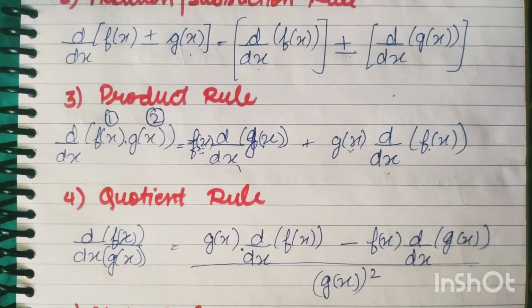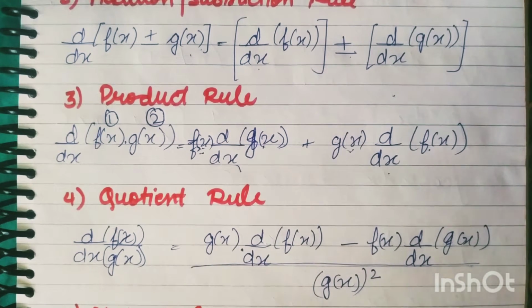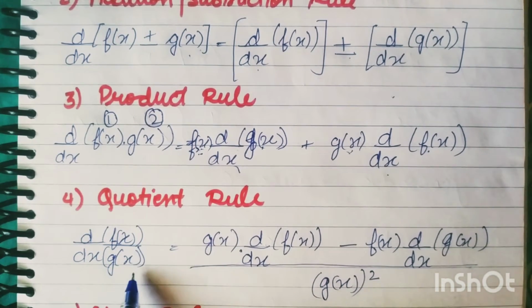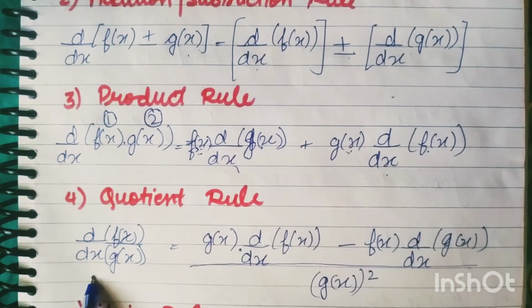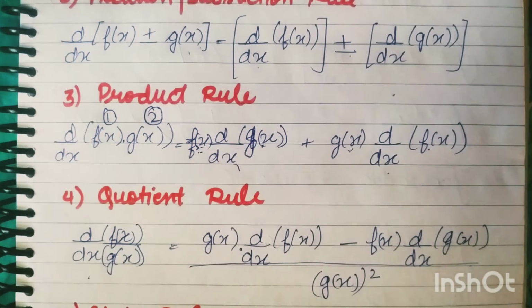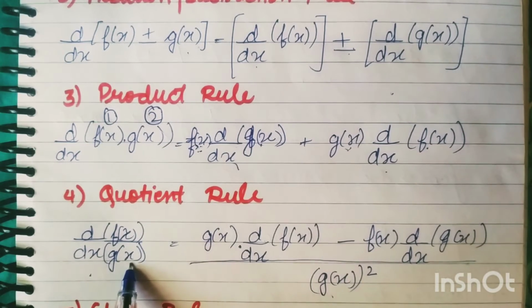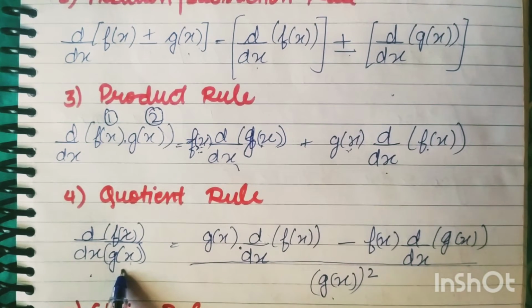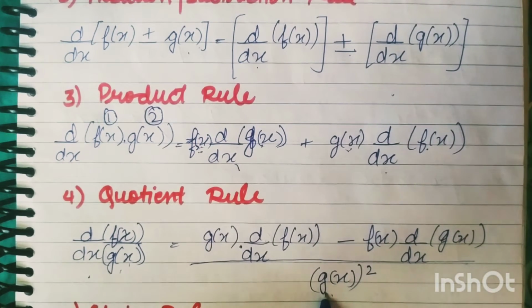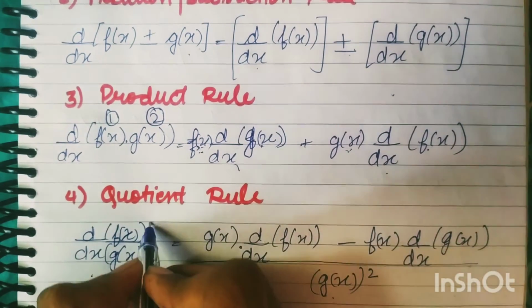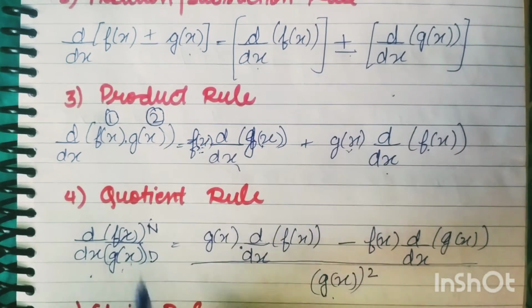Coming to our fourth rule, that is the quotient rule. In this we have a quotient also. So the differentiation of f(x) upon g(x) with respect to x. What we will do, we will take the square of the denominator. g(x) is the denominator, so we will take g(x) square as the denominator. And in the numerator, I am writing this is n and this is g.